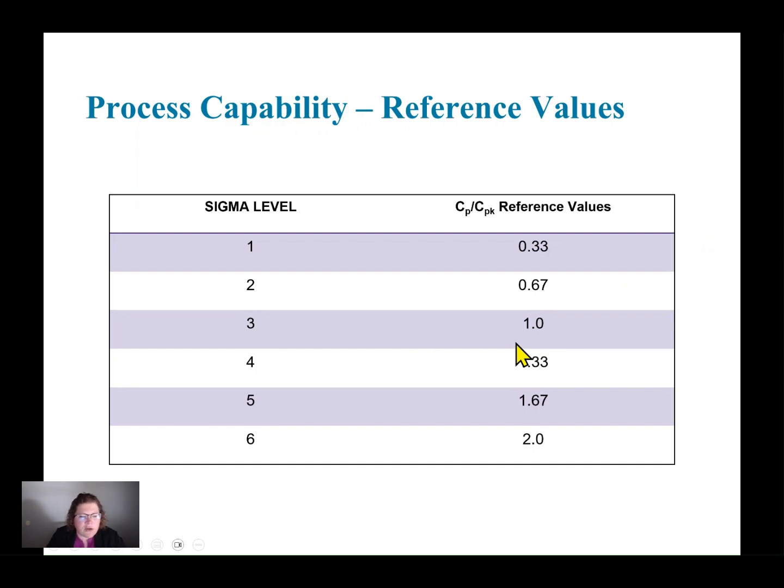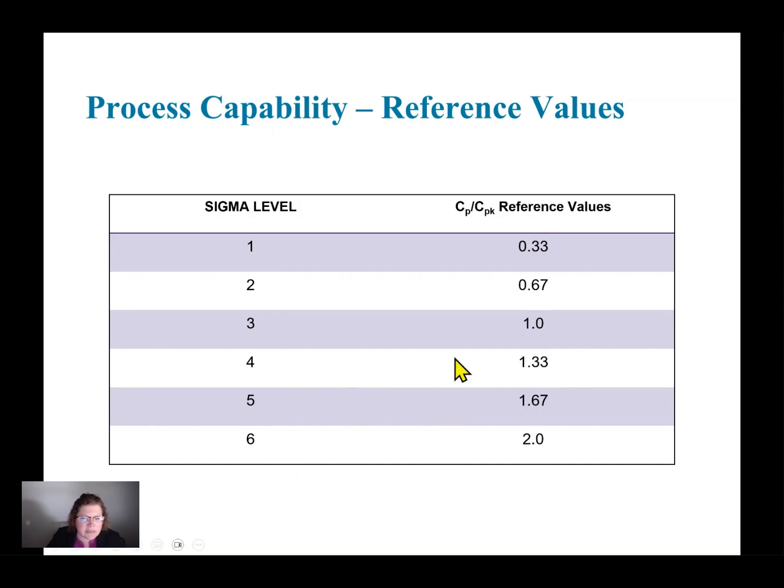A final point is that our values for CP and CPK don't exactly tell us our quality level unless we have something to compare them to. So this is a table of comparisons that will tell you your quality level. 1 sigma, of course, being the lowest quality, 6 sigma being the highest quality. So when we look at our reference values, in order to be capable of a certain level of quality, your CP and CPK values would have to be equal to or higher than the reference.